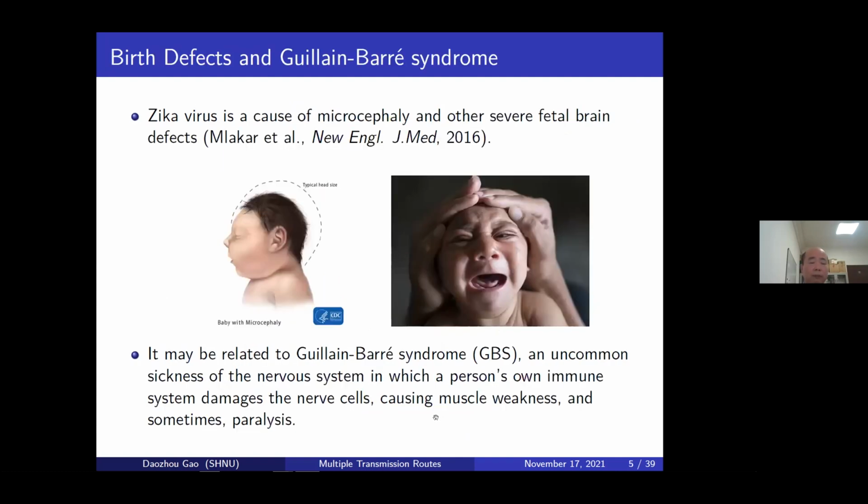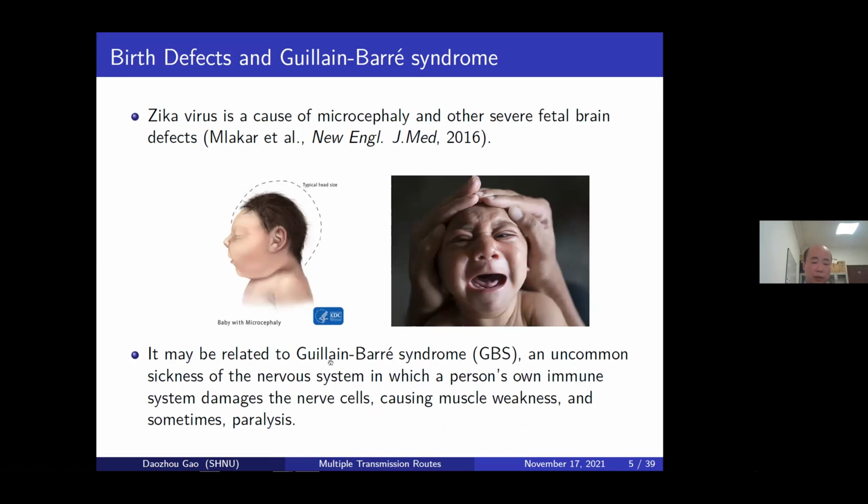Recently, 2 serious outcomes of Zika infections have been identified. One is microcephaly in newborns, which means the newborns have small heads, right? They may have birth defects.